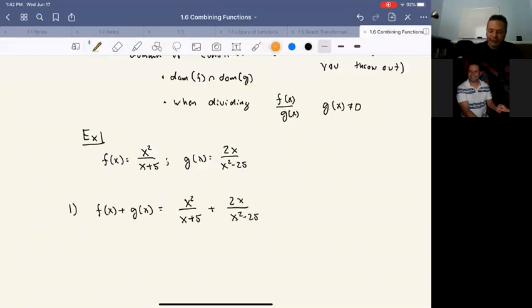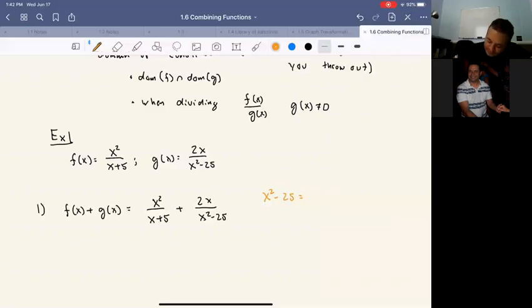Now what you may remember is the difference of squares. X squared minus 25 is in fact x plus 5 times x minus 5. So our common denominator when we have to add these fractions is x plus 5, x minus 5.